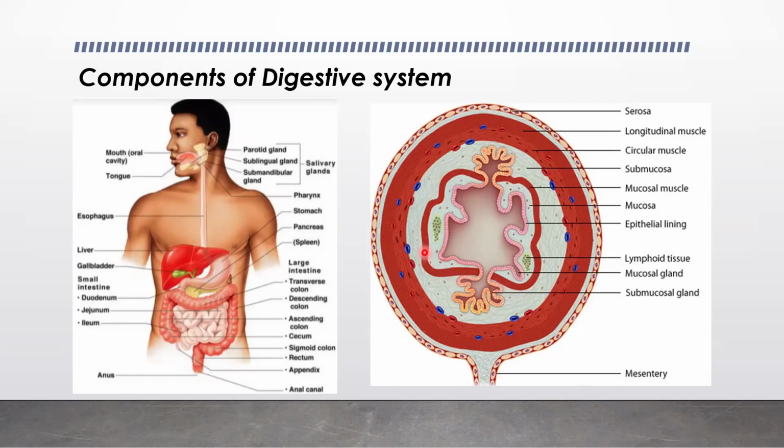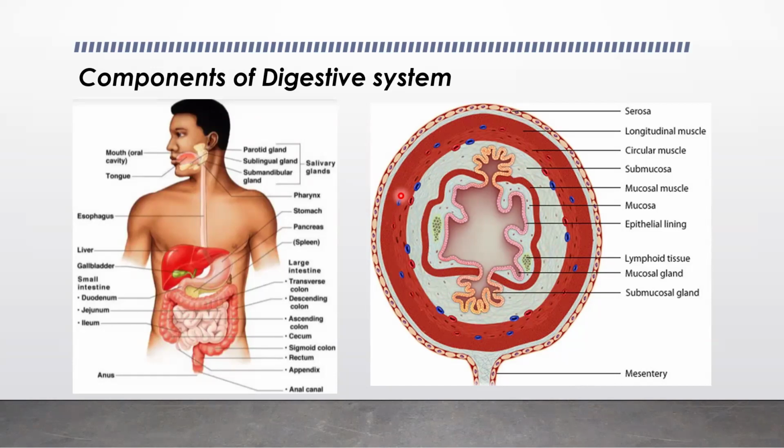So the mucosa will be standard. That is a mucosa that will be standard in the whole of the GI. Then for the submucosa, you'll have some mucosal glands, some blood vessels. Some of these submucosal glands will be prominent. For example, in the duodenum we have the Brunner's glands. You can appreciate some blood vessels, then there's a loose areolar connective tissue.